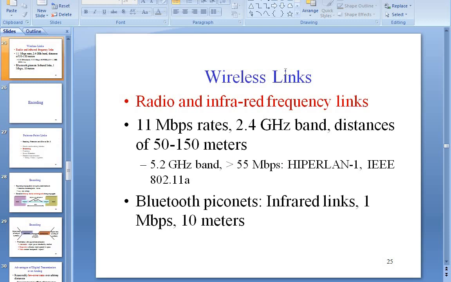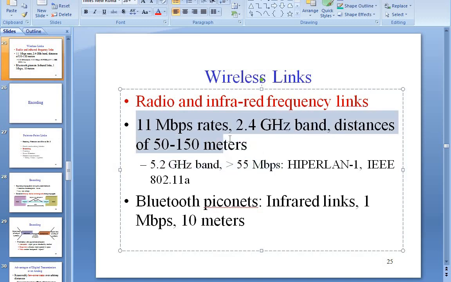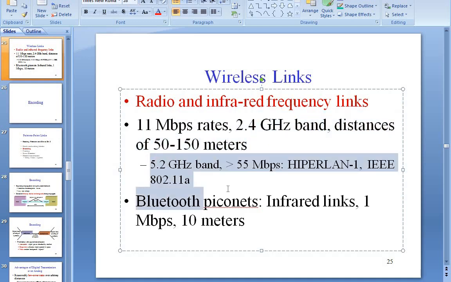We can also use radio frequency or infrared links, and as we know, we normally use Wi-Fi 802.11a, 802.11b, using the ISM band at 2.4 gigahertz, and we can even use 5.2 gigahertz.